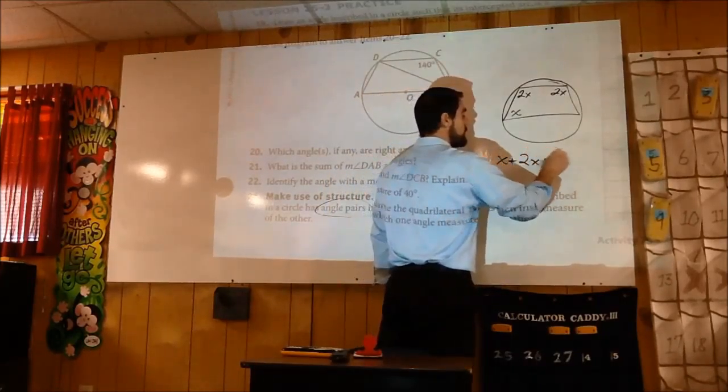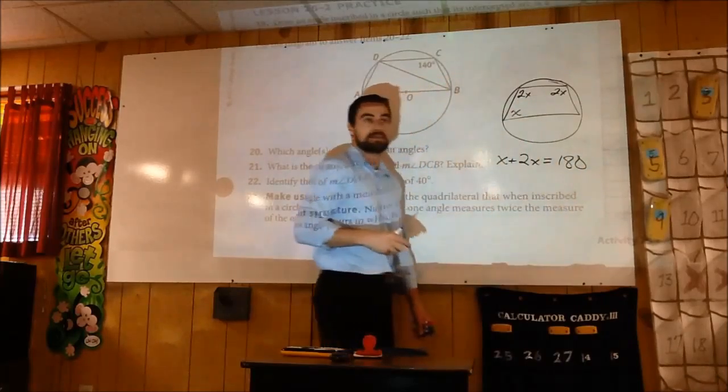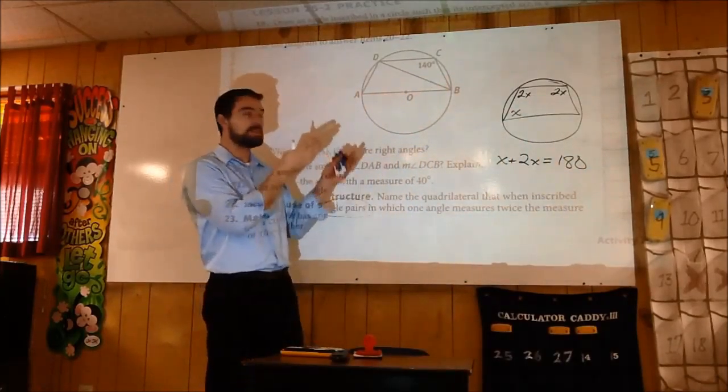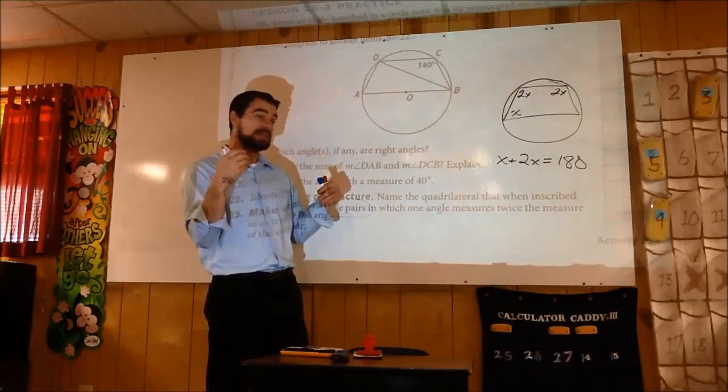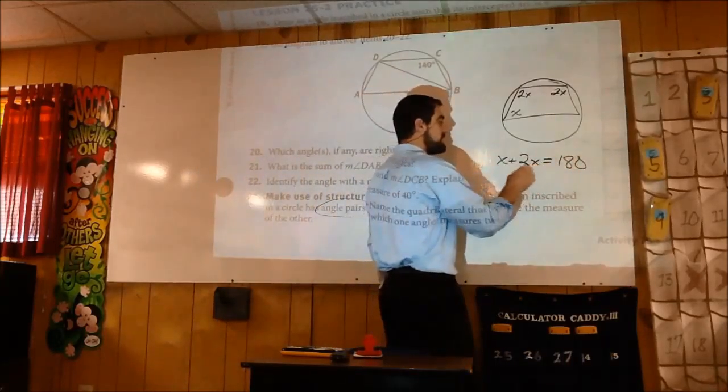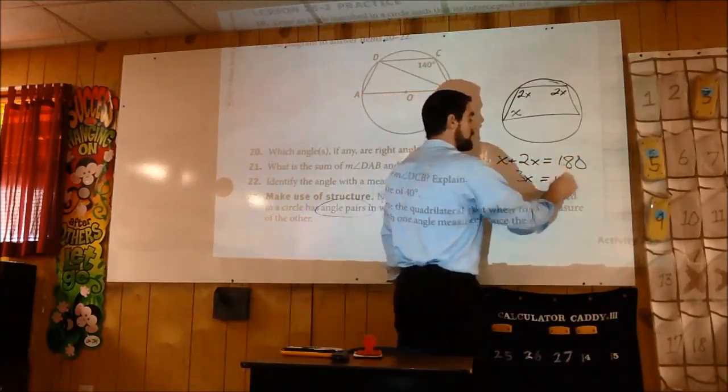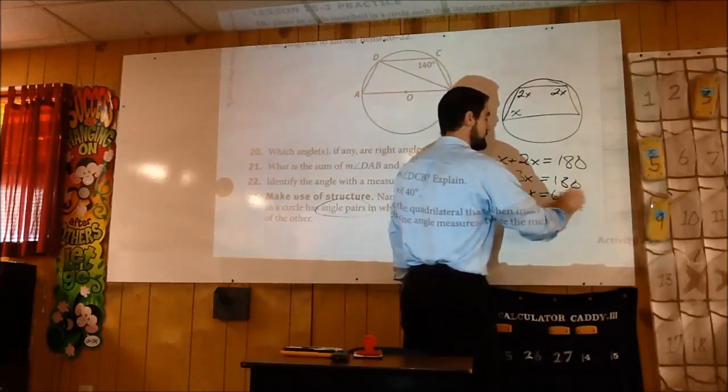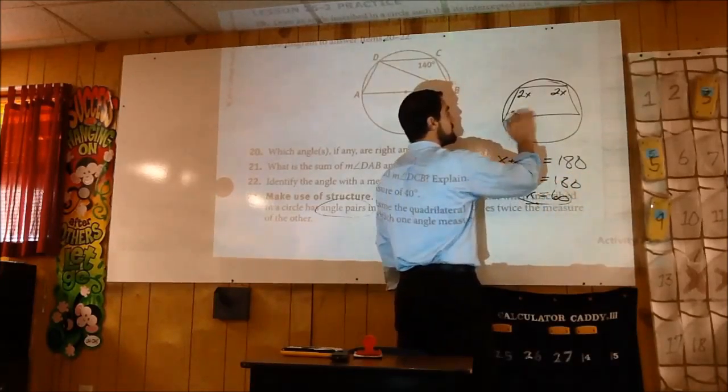So if the opposite angles had this relationship where one of them is twice as big as the other, then I can solve this equation, and we'd get x is 60.